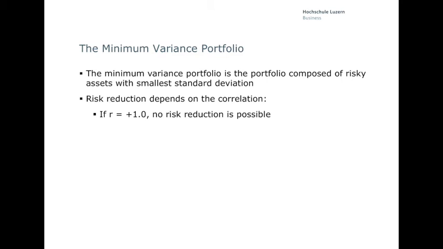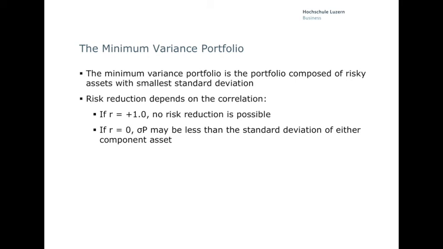The minimum variance portfolio. To summarize, although the expected return of any portfolio is simply the weighted average of the asset expected returns, this is not true of the standard deviation.